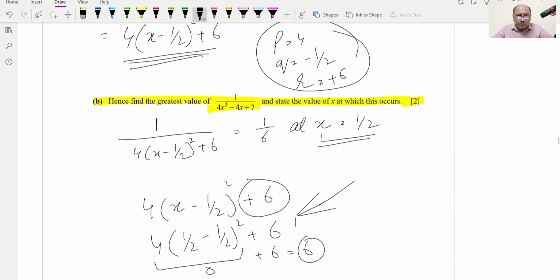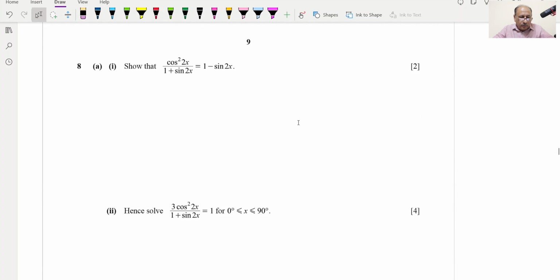I have explained this portion also. Hopefully you got this. Now question number 8. Part a says show that this is equal to this, and this is simple.